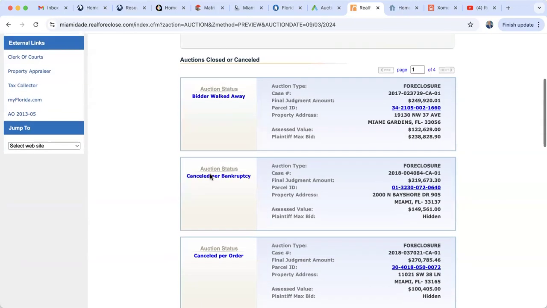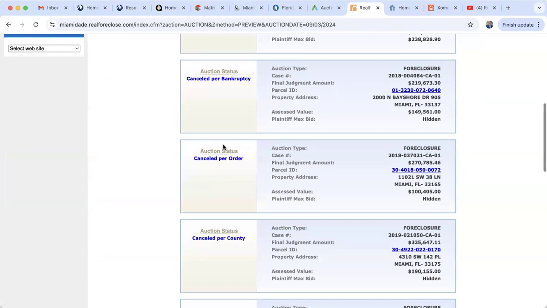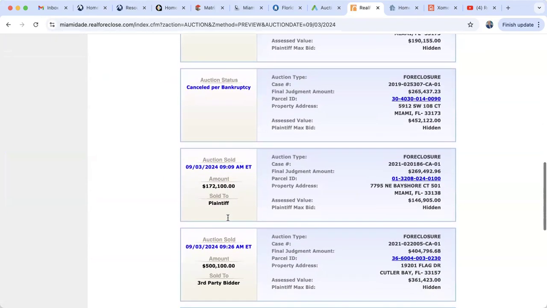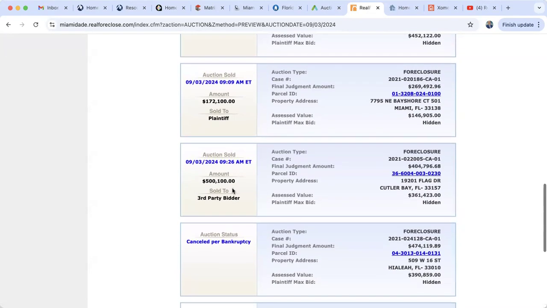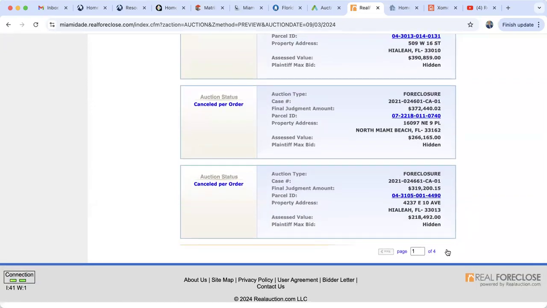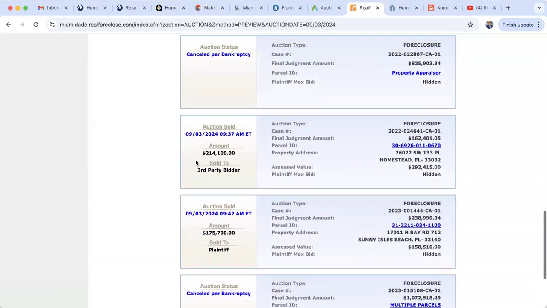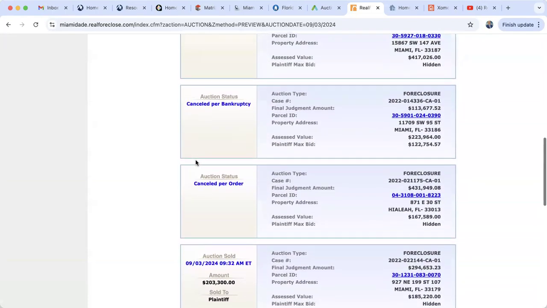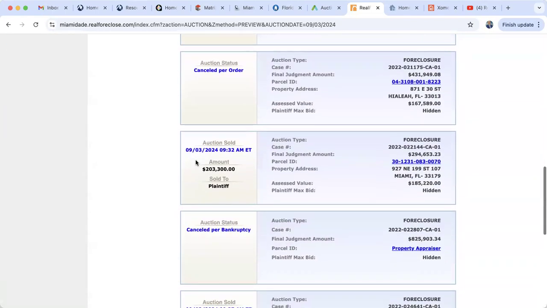Bidder walked away, canceled for bankruptcy, canceled per order. The plaintiff won the bid at 172,100. A third-party bidder, or in other words an investor, won this bidding at 500,100. Can you guys tell me why there always seems to be a 100 as the ending price, or increments of 100? I think I just told you, increments, right?